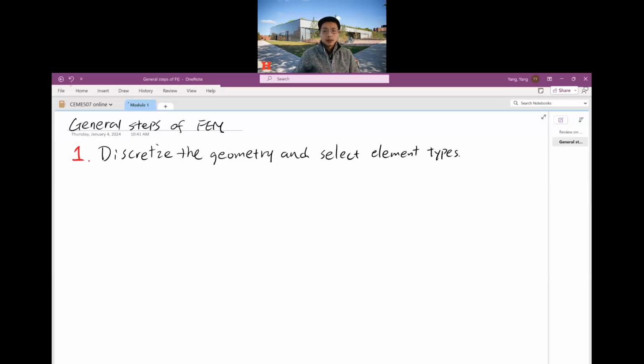Such as if you have a problem, such as if you would like to find out the deflection of a plate under vertical load, so first step you need to discretize the plate, whether it's a rectangular shape or a circular shape.